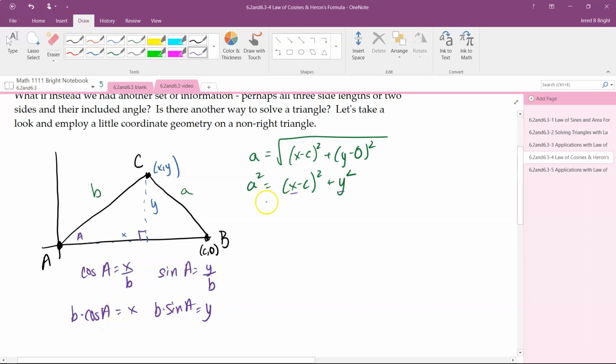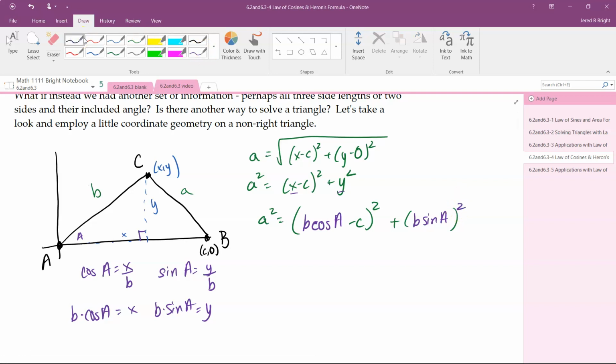Then I'm going to have a squared equals (b cosine A minus c) all squared plus (b sine A) squared.